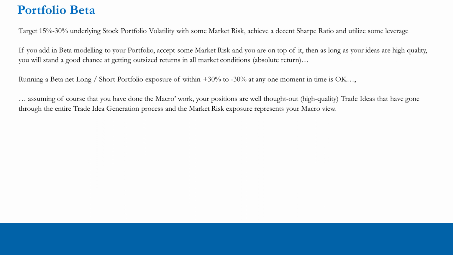So the question, what's an acceptable level of market risk at any one time in the portfolio? Well, again, we use gates here. So running a beta net long or short portfolio exposure of within plus and minus 30% at any one moment in time is totally okay.